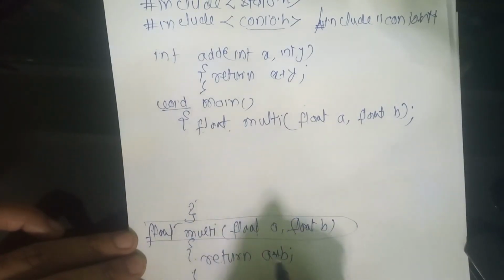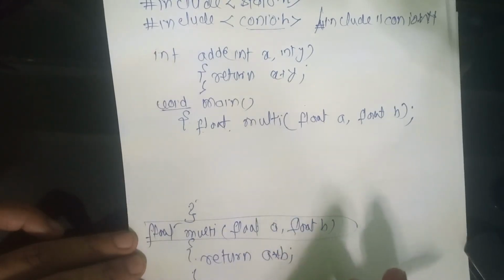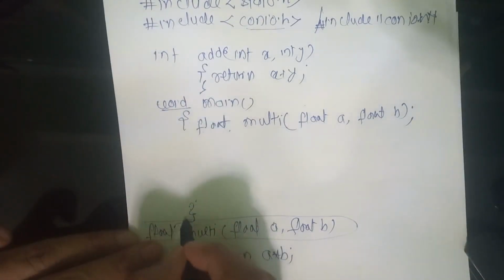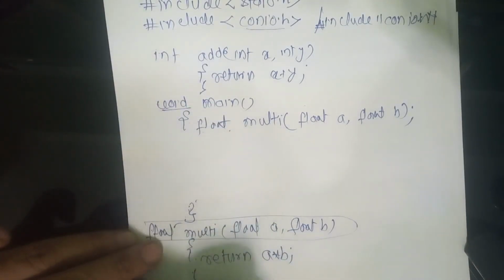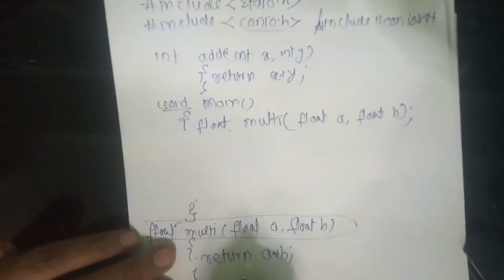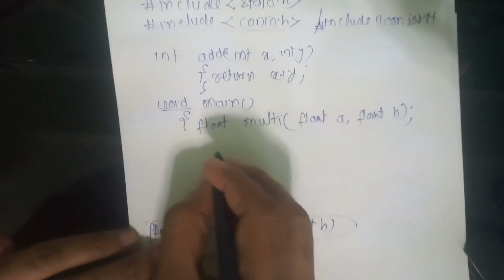This is similar to one person named Amit being at one home, and another person with the same name Amit being at another home. So these braces are equivalent to one home, and these braces are equivalent to another home. Now we will call these functions.